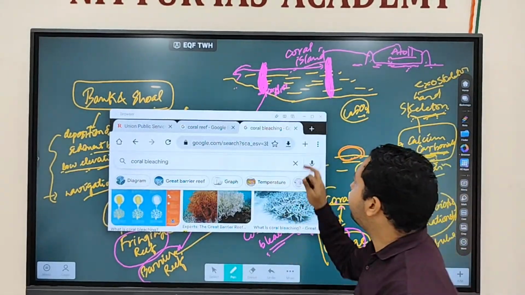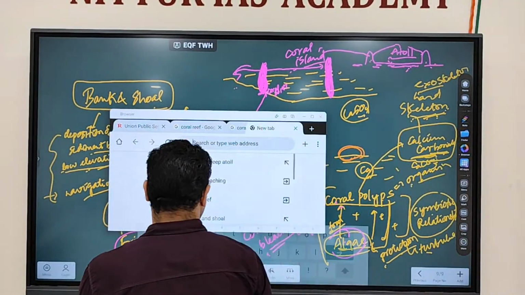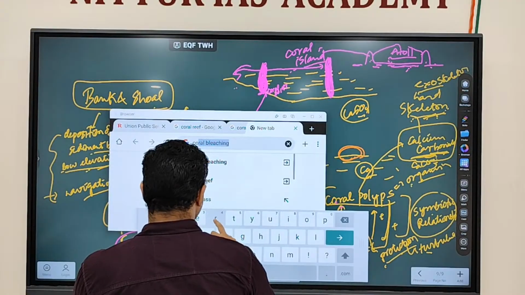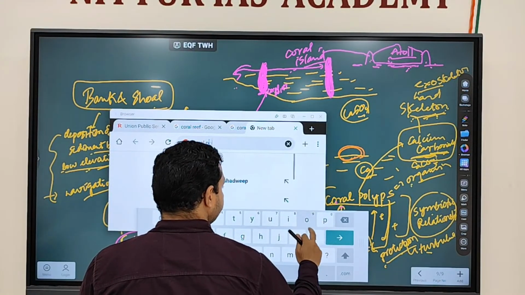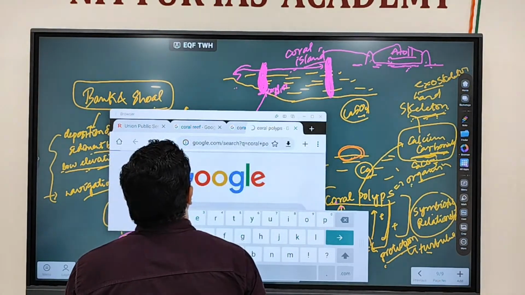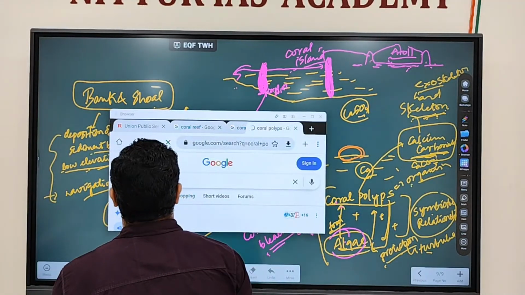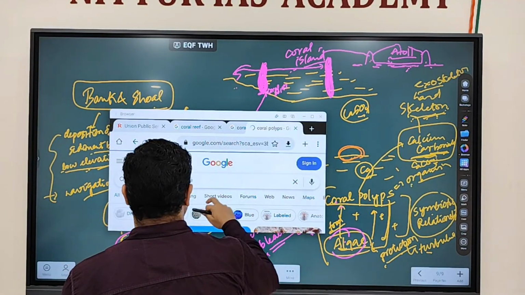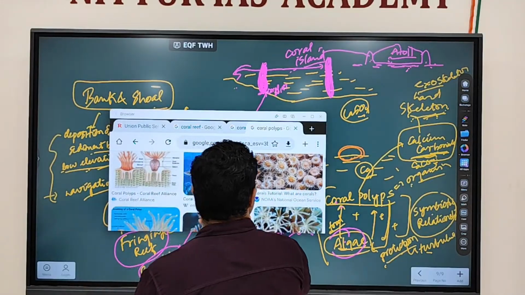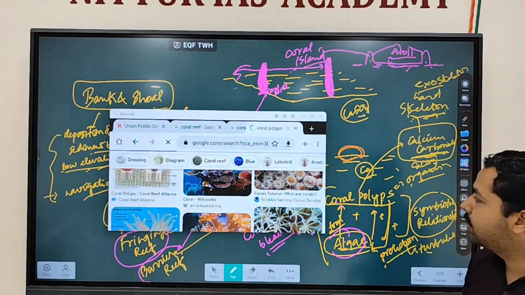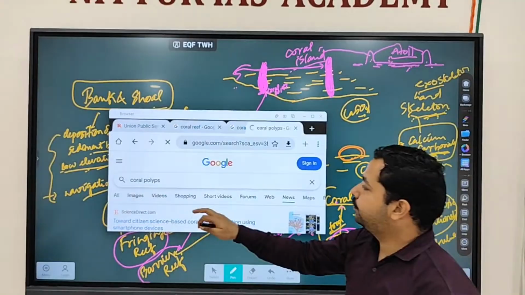Clear? Now if you see coral polyps, so these are your coral polyp organisms.